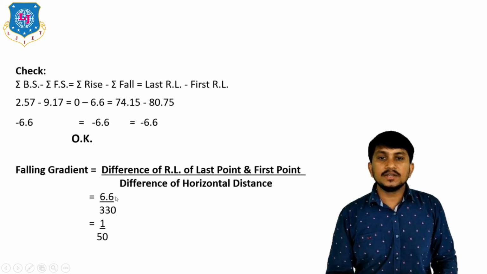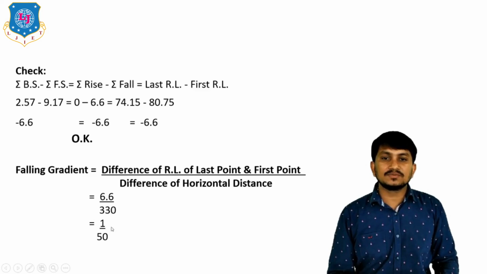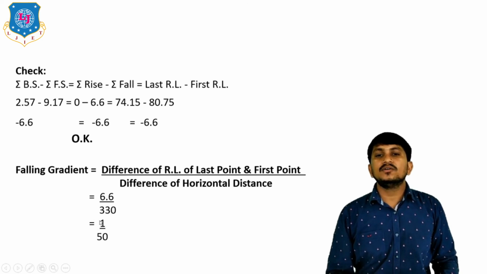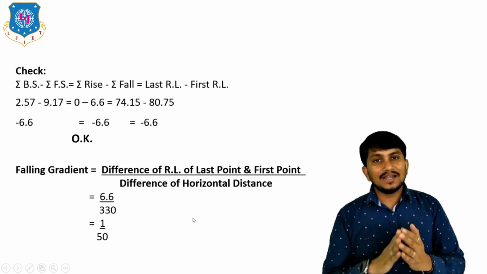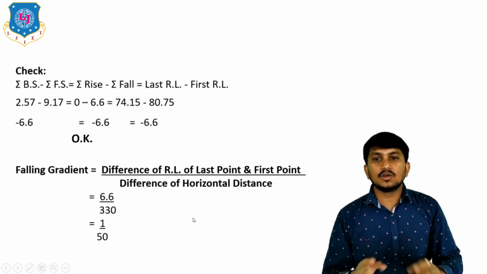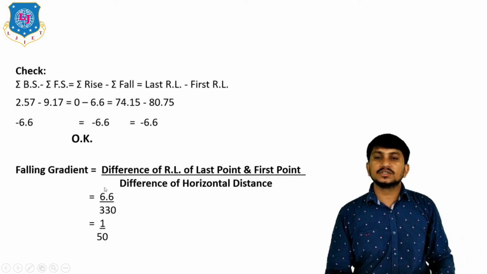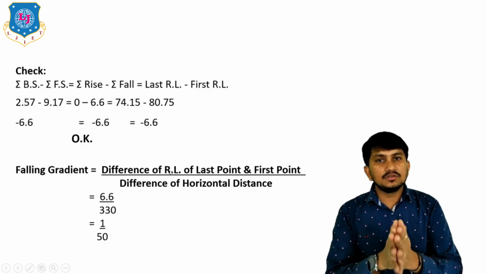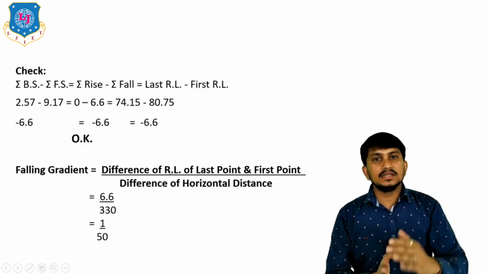We divide the numerator by 6.6, and 330 is also divided by 6.6, so this is 1, and 330 divided by 6.6 gives 50. Here the value of RL is decreasing from the first point to the last point, so it is called a falling gradient. This is how we can calculate the gradient between the first and last point.